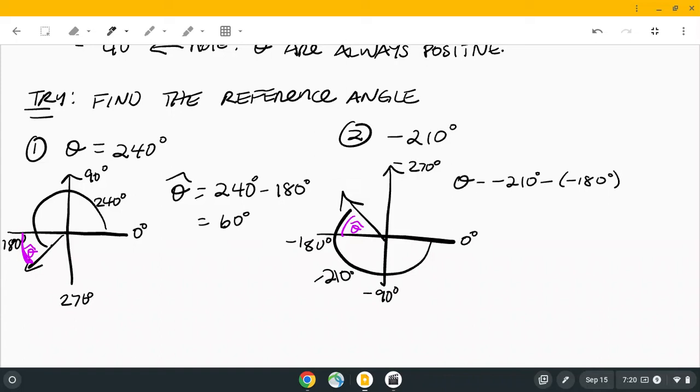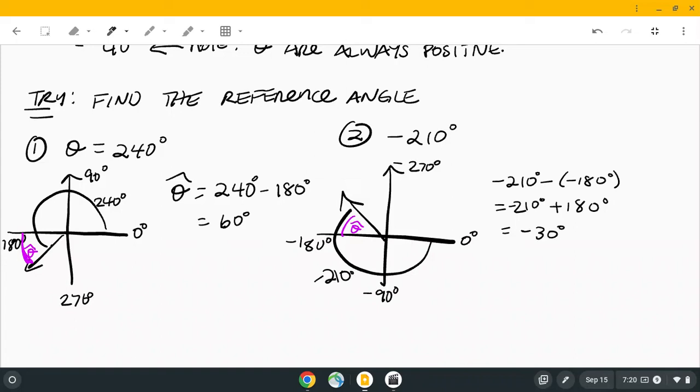You know what? I'm not going to do this, so I don't have to worry about those arrows. Okay, so negative 210 plus 180 equals negative 30.